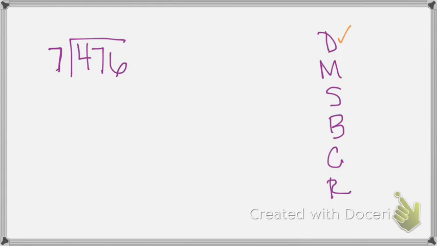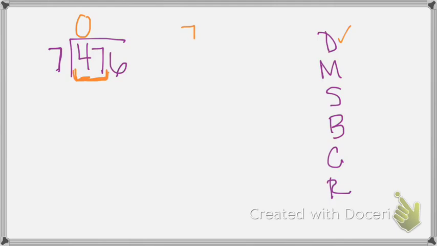So we divide first. When I look in the hundreds place, that 4 is less than the 7. So I'm just going to automatically put a 0 there, because I can't divide 400 into that 7. And then I have to look at it as 47. And I put these little brackets here to remind me that. So I'm looking at it as 47 divided by 7.